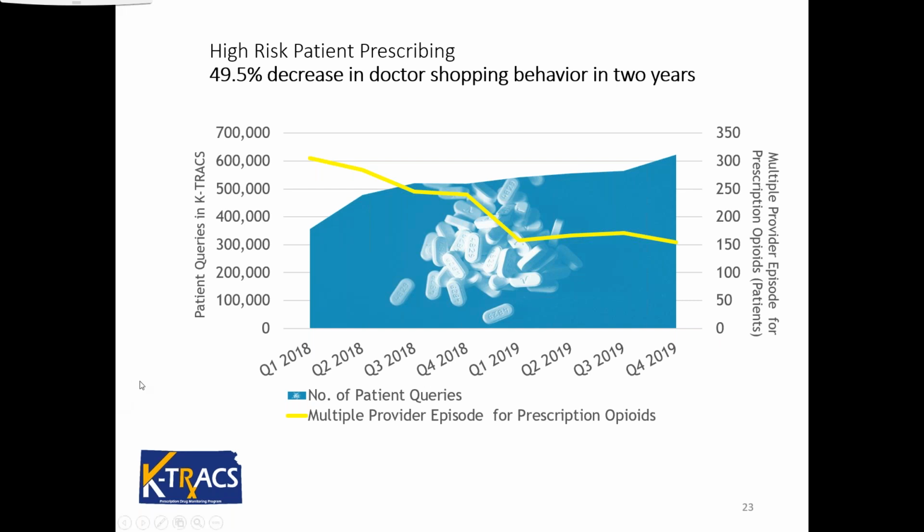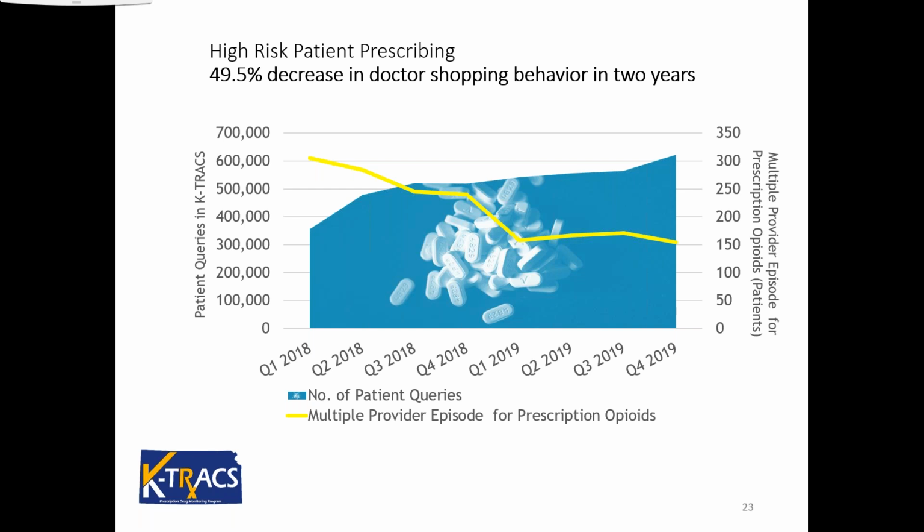So one of the things that you can see is that as patient queries, which is denoted in the blue section of the graphic, have gone up, so queries by providers and dispensers utilizing KTRAX the way that it's supposed to be used to monitor prescribing habits and what patients are getting, doctor shopping behavior has gone down.